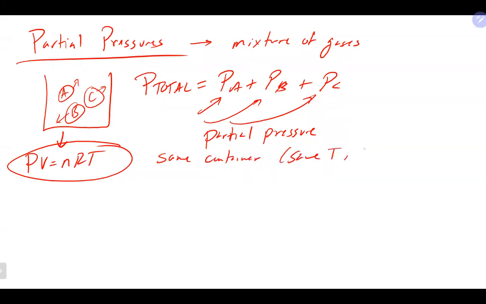They will also have the same volume. So really the only thing that's different for each of them is the number of moles. So what you would do is simply solve the ideal gas law here for each gas separately, making sure everybody's in the correct units.